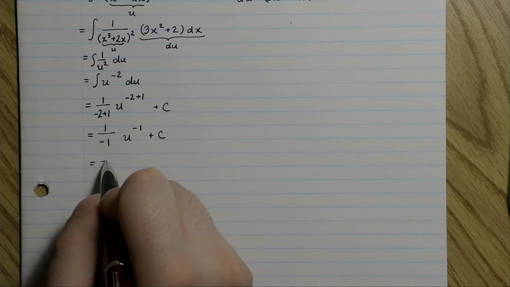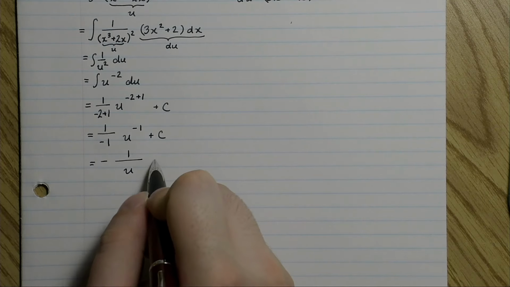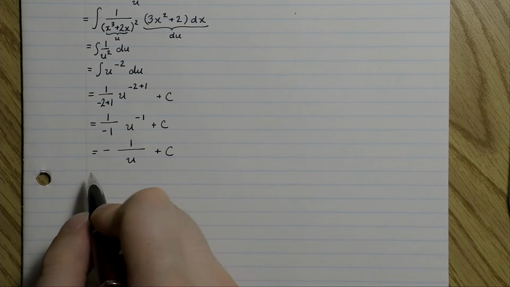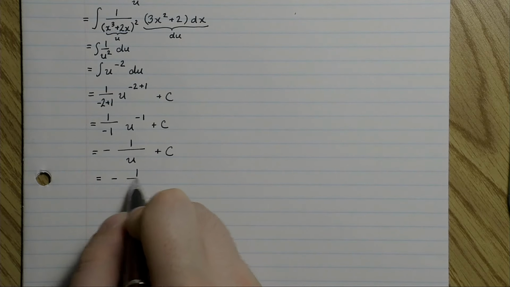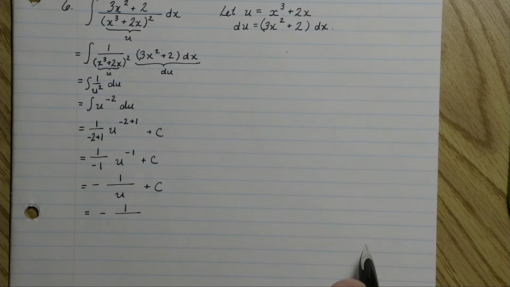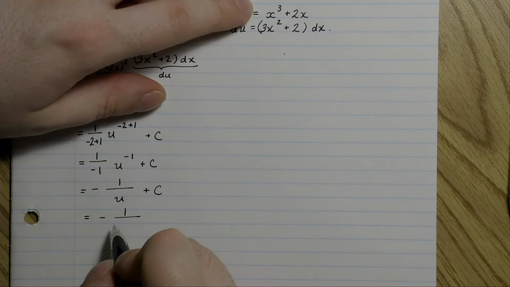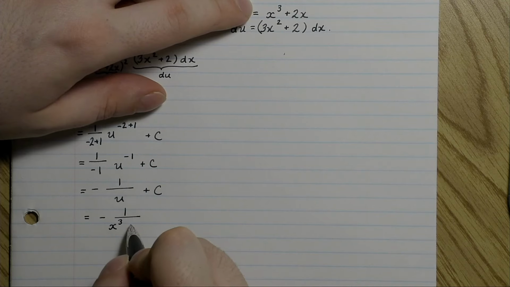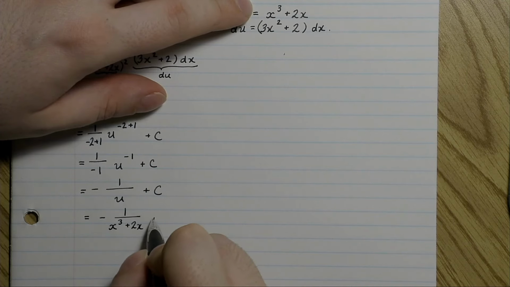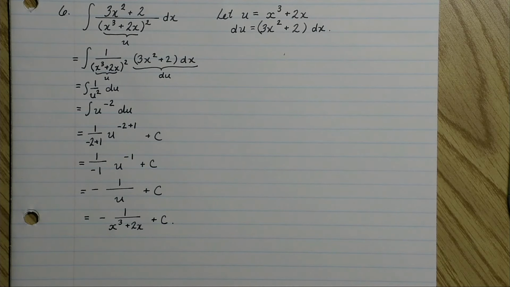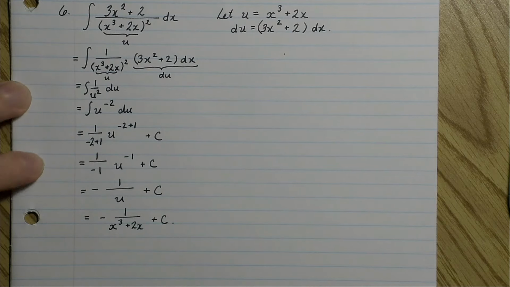So I get minus 1 over u. That's equal to minus 1 over, and then I substitute in what I originally had for u, which was x cubed plus 2x, plus c. Okay.